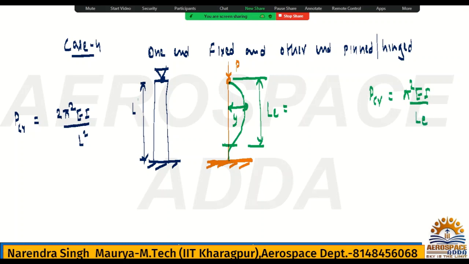Now this is the formula for this particular case, so we can write pi square EI divided by L by root 2 square, because if you square, then again 2 pi square EI by L square you will get. Now you compare pi square EI in the numerator; in the denominator it is LE square, and this is L by root 2. So what will be the LE? LE is nothing but L by root 2. This is the value. Now check all the cases here and try to connect.